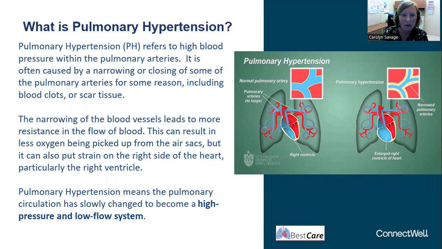The narrowing of the blood vessels leads to more resistance in blood flow, and this can often result in less oxygen being able to be picked up from those air sacs, but also putting great strain on the right side of the heart, that right ventricle, which is pumping the blood flow into the pulmonary system. Pulmonary hypertension then means that the pulmonary circulation has somehow changed to become a high pressure and low flow system.